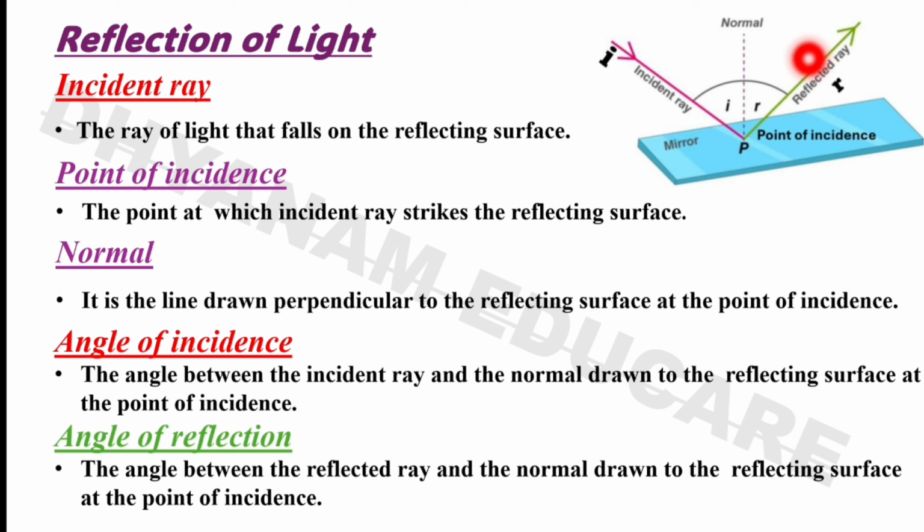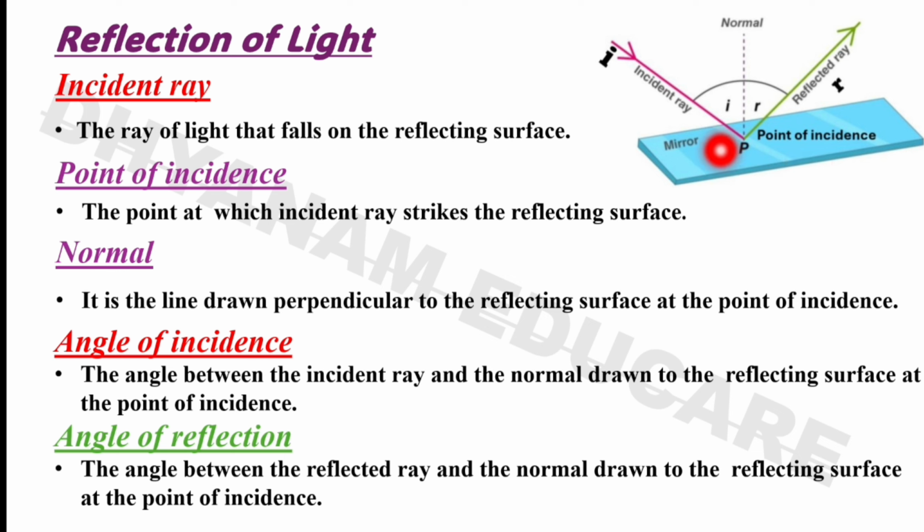This one is the reflected ray. The ray of light that falls on the reflecting surface is called the incident ray. It is represented by I. Here there is a point of incidence. The point at which the incident ray strikes the reflecting surface is called the point of incidence.